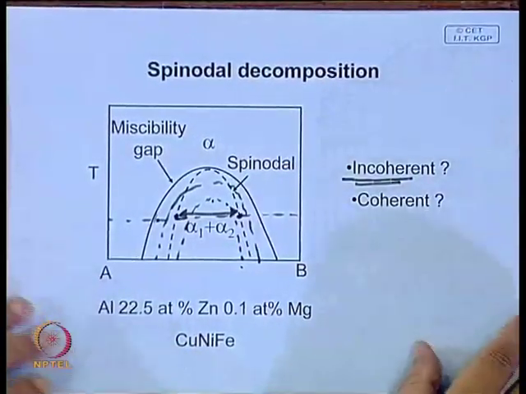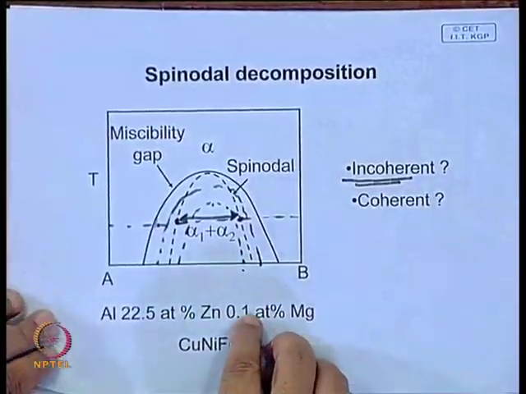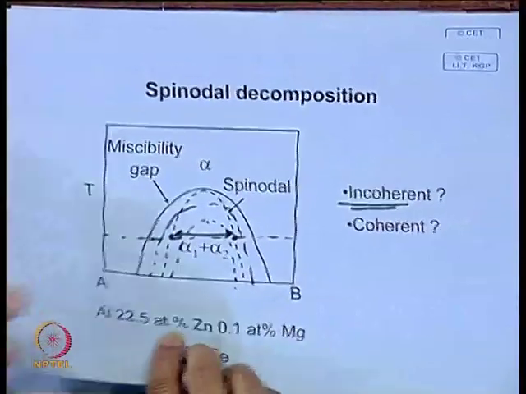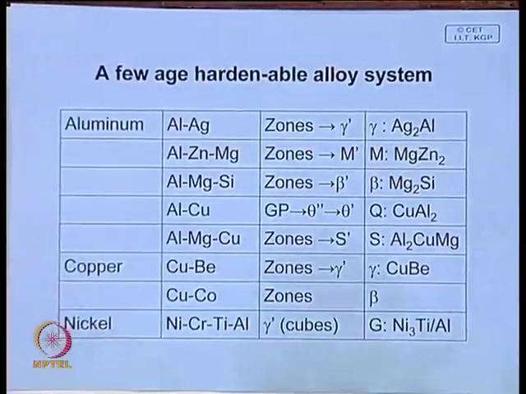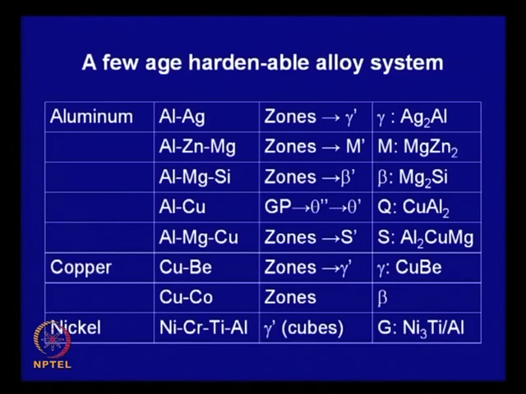So, the main advantage is that spinodal decomposition is possible in many alloys, which are listed here. And next, if you look at this slide, it gives a few common age hardenable alloys, each of which we talked about in detail, but a similar sequence of precipitation is followed everywhere.